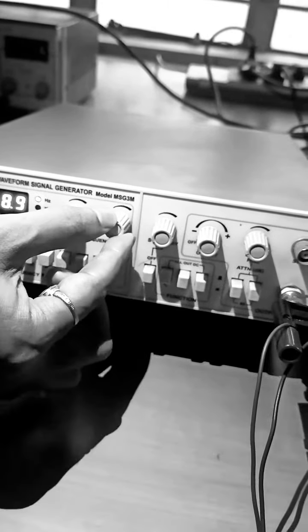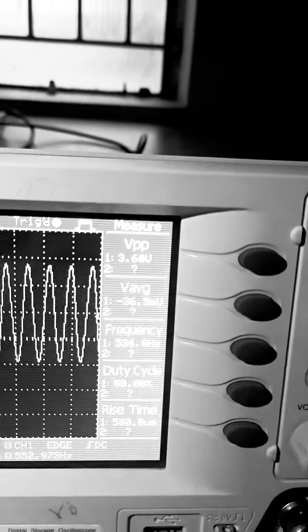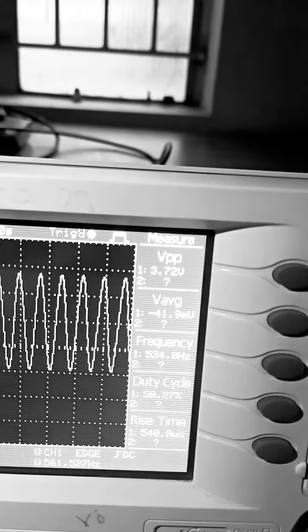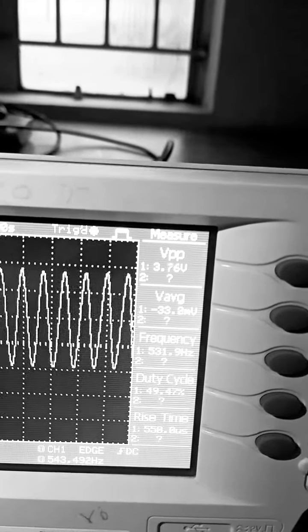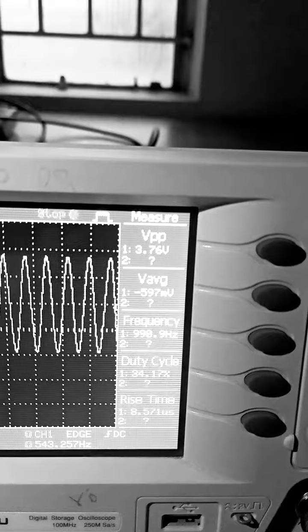It is a little bit more than 500. For that frequency I have a voltage of 3.76 volts.